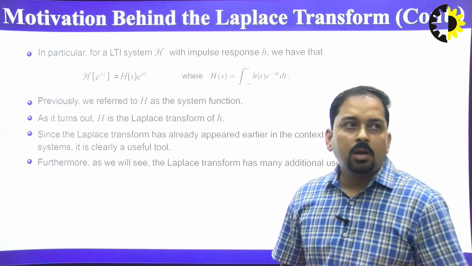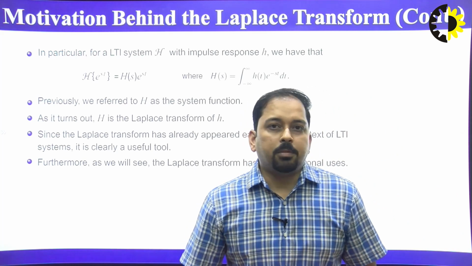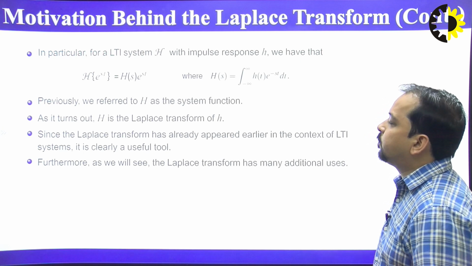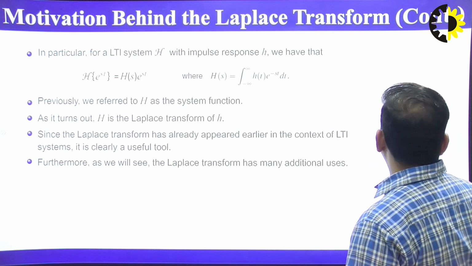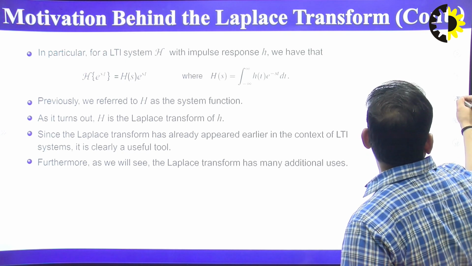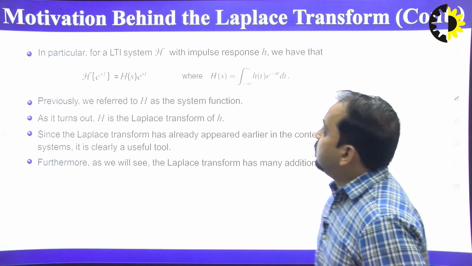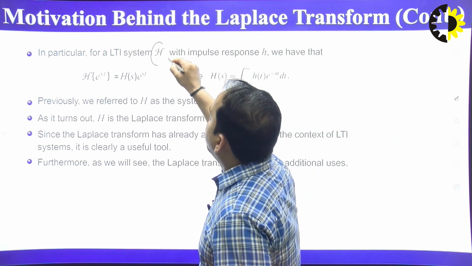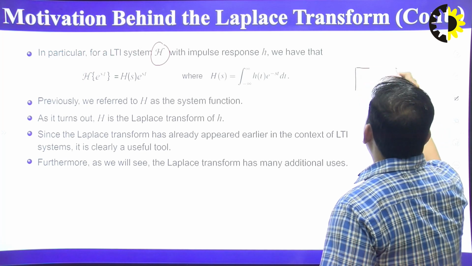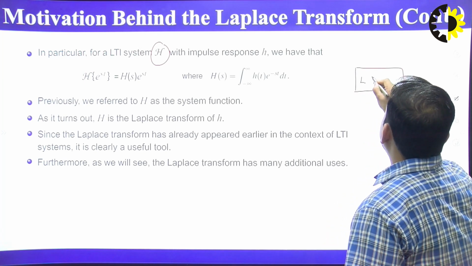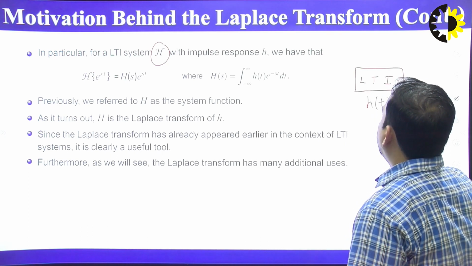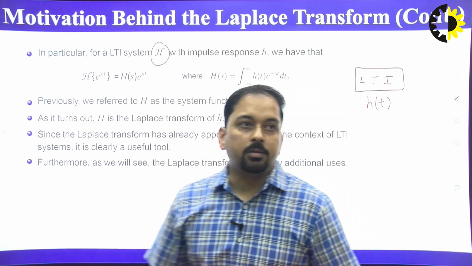Next is the relationship, how we can calculate the Laplace transform for any LTI system. We have seen that the LTI system can be represented by its impulse response, which is given as h of t.